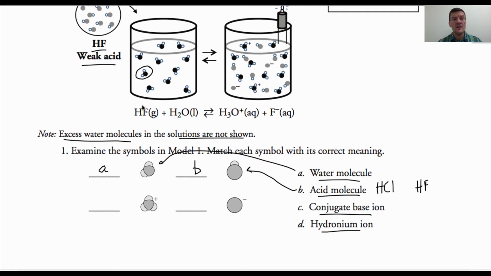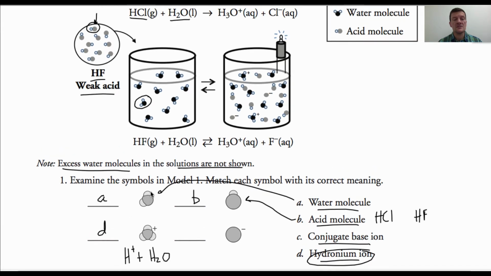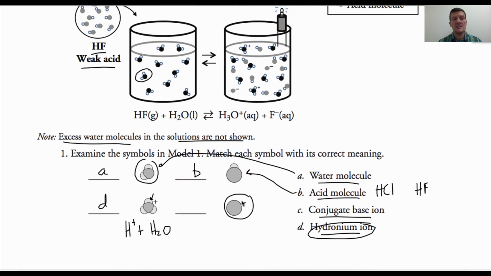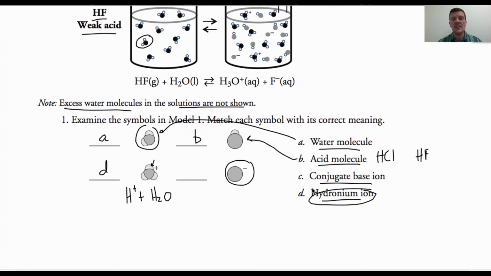Then, when the H plus and the water get together, you're going to form hydronium ion. So that is this one here. It's basically the water and then another hydrogen added to it to give you the hydronium ion. And then this guy right here is the acid without its H. So it lost its H plus, and that we know is our conjugate base ion.